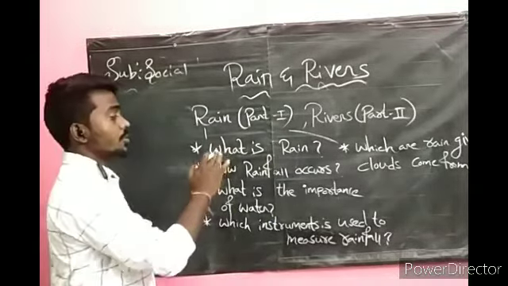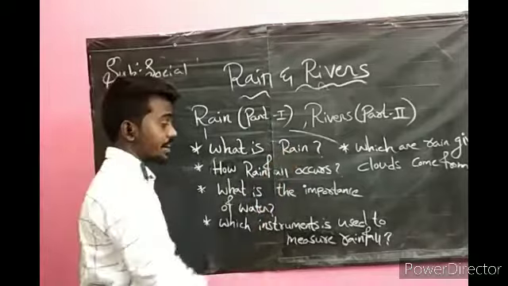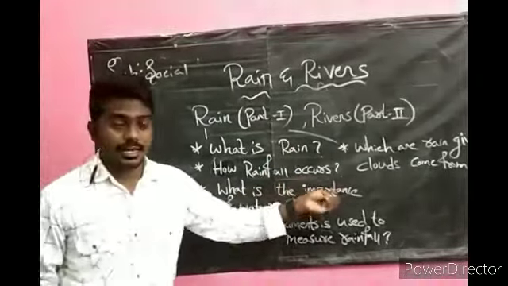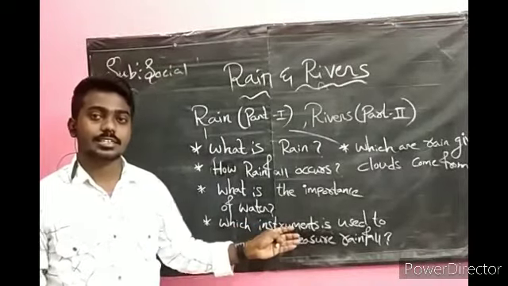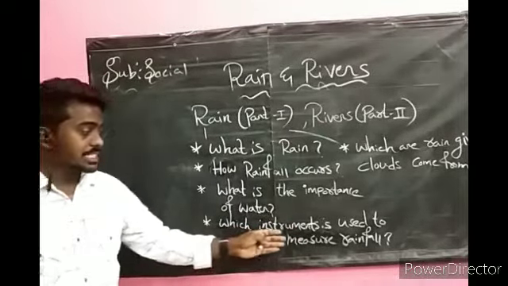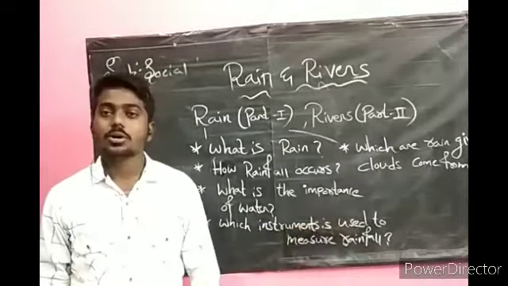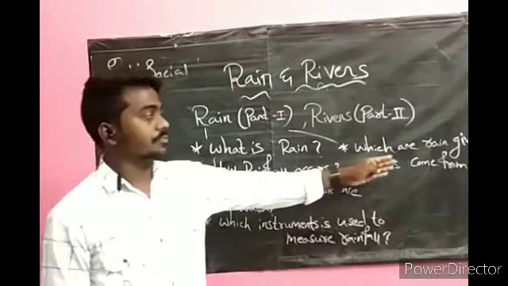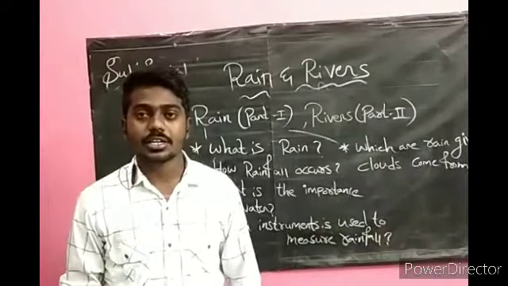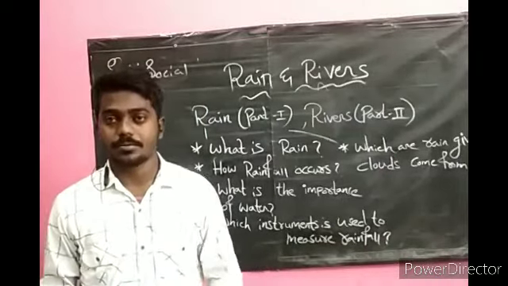So you will know what is meant by rain, how rainfall occurs, what is the importance of water, which instrument is used to measure rainfall, and lastly, where the rain giving clouds come from.